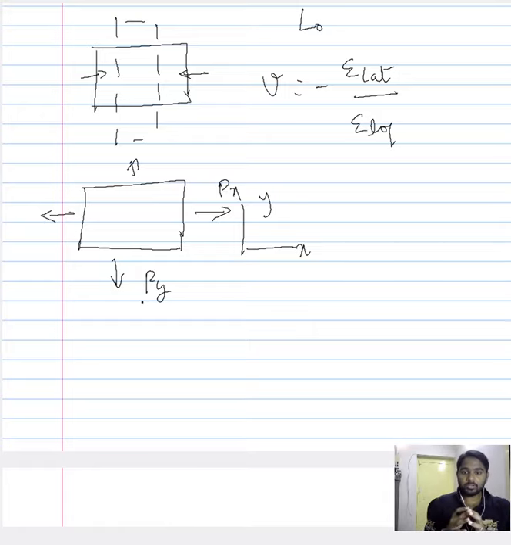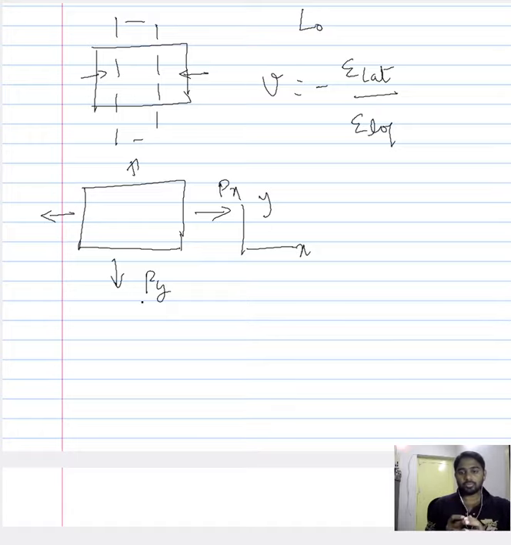We tried to calculate the overall strain along the y direction because of the longitudinal load, that is Py, and also because of the lateral load Px, because the lateral load Px contributes to the longitudinal expansion through the Poisson's ratio.